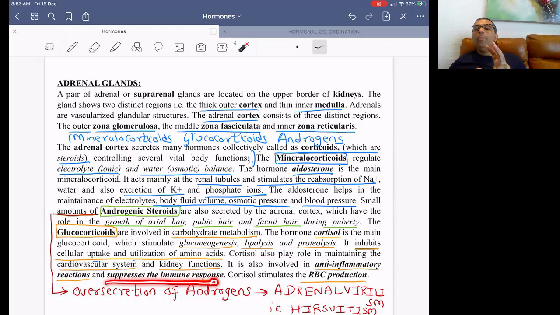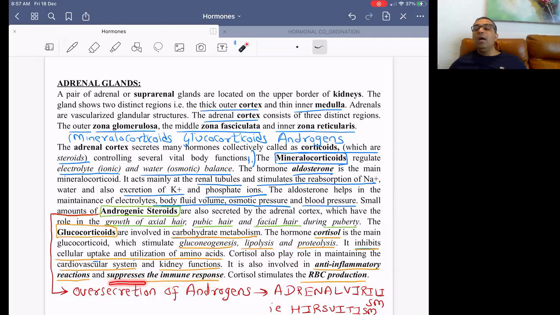Your own WBCs will recognize the donor kidney as antigen, foreign, and your WBCs will attack it by shooting out antibodies, and the kidney will get rejected. उसे graft rejection कहते हैं. So immediately after a kidney grafting is done, a kidney transplant is done, you will give the patient injections of cortisol.